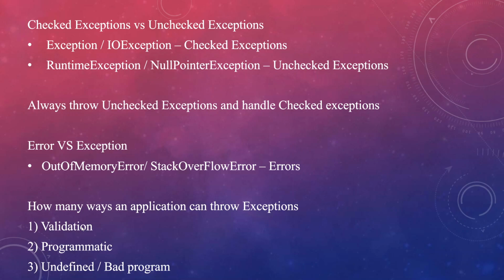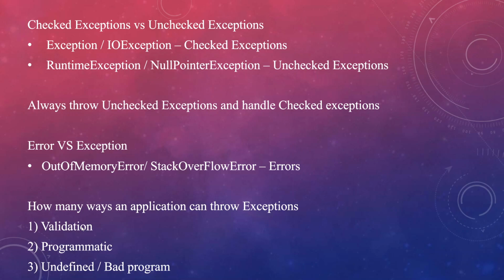In that case, we manually throw an exception saying resource not found. So the exception is under control, and the developer, when writing the code, is well aware that a condition is met and we have to throw the exception in the program. So that is a programmatic exception.